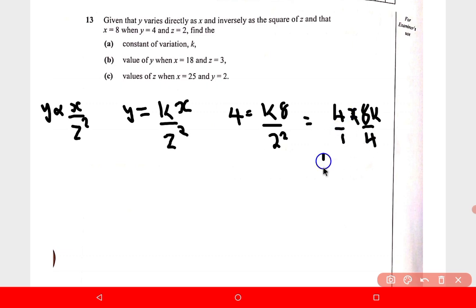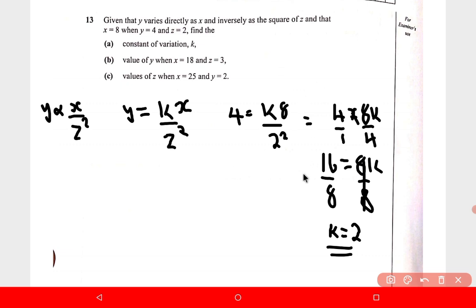When you do this, you cross multiply. 4 by 4, that is 16, is equal to 8k. Divide by 8 on both sides. K is equal to 2.